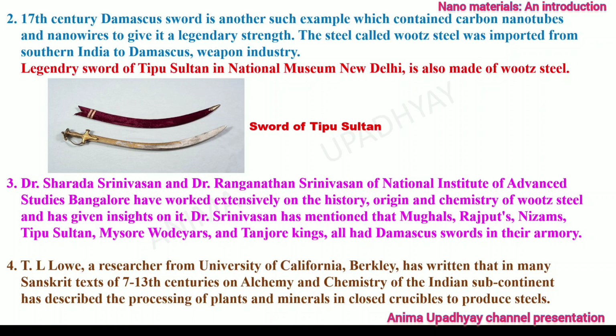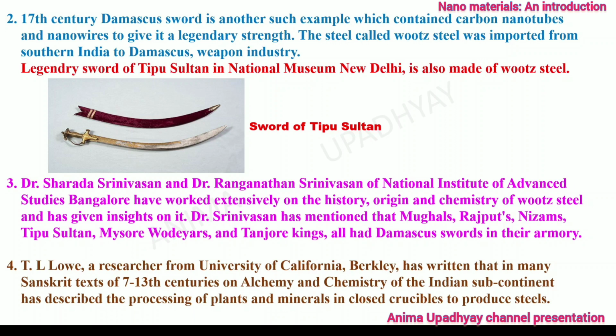It could cut linen in the air. The steel with which the sword was made was called wootz steel, and it was imported from southern India to the Damascus weapon industry.